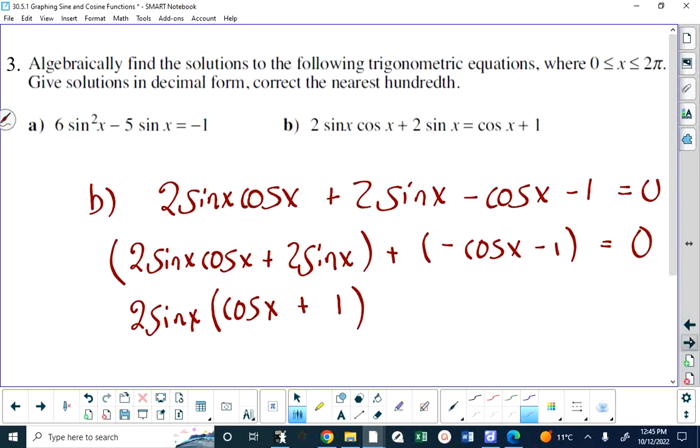And then you're going to do the same thing with the second pair, except your goal is not just to factor out a greatest common factor. Your goal is to be clever about it and factor out whatever you need to be left with the same thing you were left with out of the first pair. So if I want to be left with cos x plus 1, I can factor a negative 1 out of this second pair and be left with cos x plus 1.